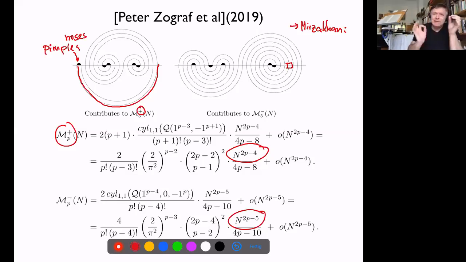Each pimple refers to a pole of his meromorphic differential and uses Masur-Veech volumes and so on. So this is a long story, which, I mean, Piotr Zograf explained this to me for a couple of hours, and this is really tough for me. Okay, very deep results. It just got published this year.